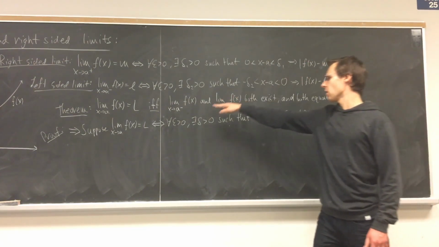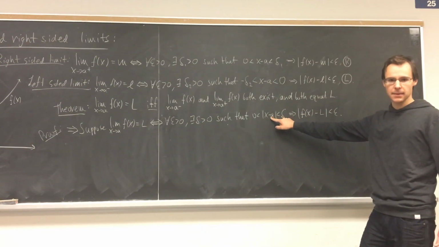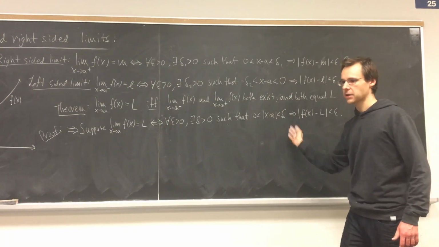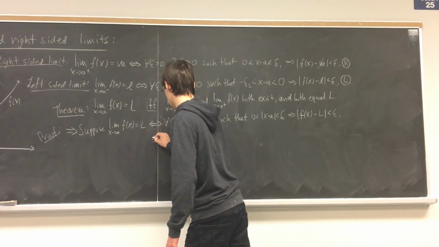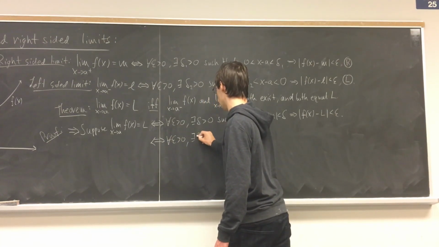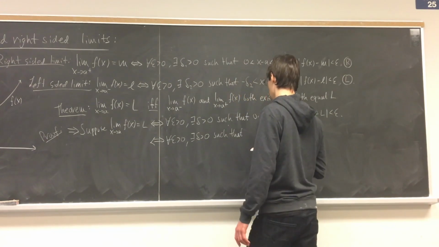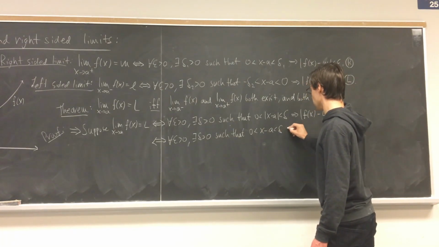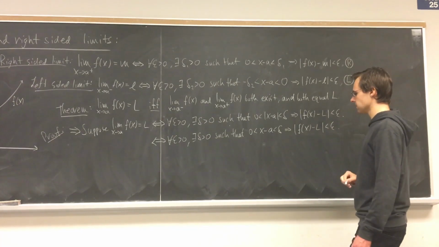So we know that for all epsilon greater than 0, there's a delta such that this implies this. This absolute value can be expanded. We can take one half of it, the positive half of it, and we can also take the negative half of it. Okay? So this double implies, actually, that for all epsilon greater than 0, there exists a delta greater than 0, such that, on the one hand, 0 less than x minus a less than delta implies absolute value of f of x minus L is less than epsilon.